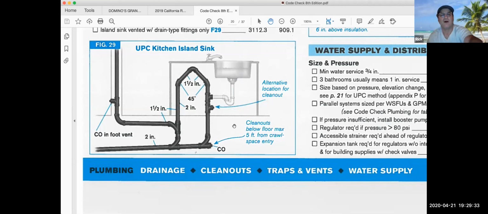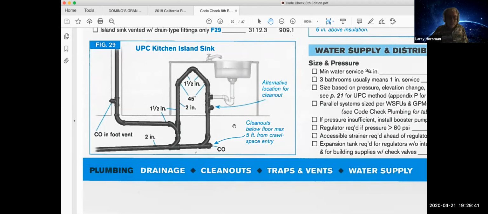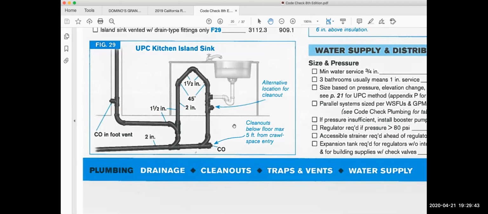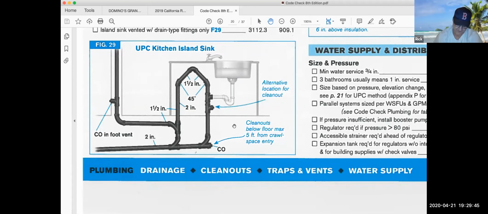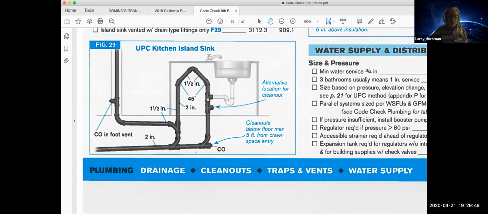So is that considered a wet vent or a circuit vent? This is neither. Okay. This is the island sink vent. Okay. So, you know, technically this is your waste pipe here, but it's also at least partially going to act as a wet vent.